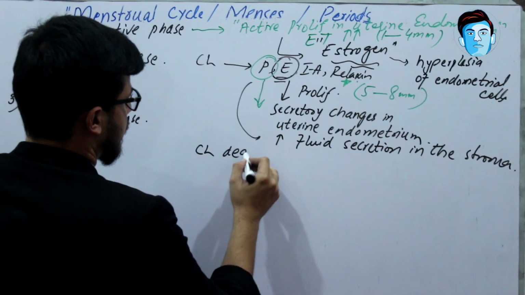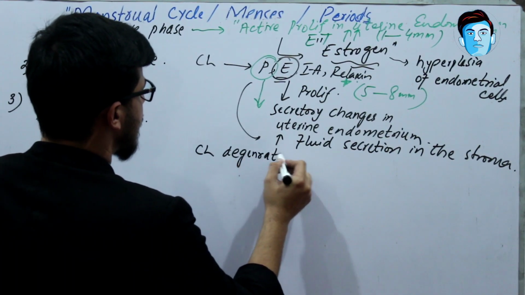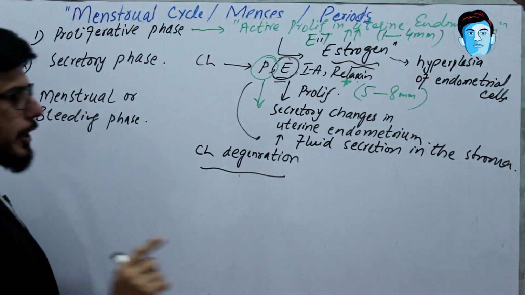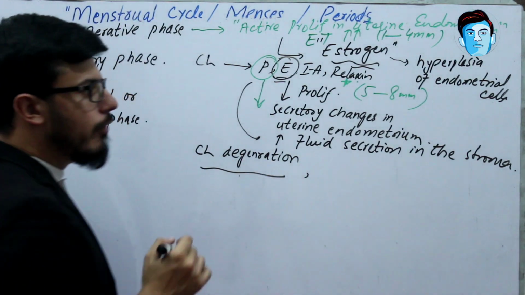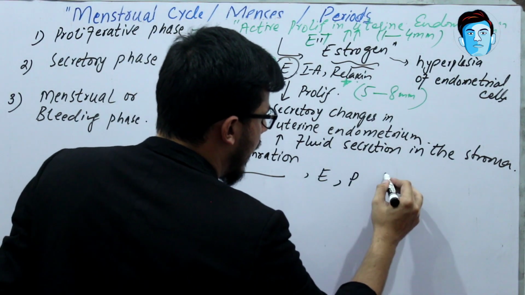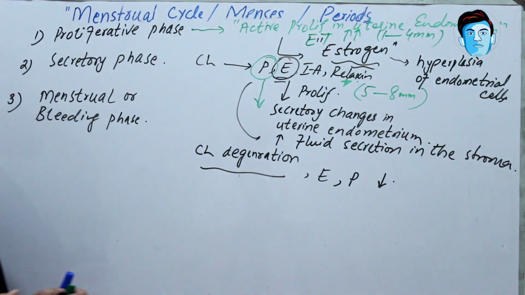Corpus luteum degeneration occurs. So, corpus luteum degenerates, so all the various hormones, in the form of estrogen and progesterone, are decreased.